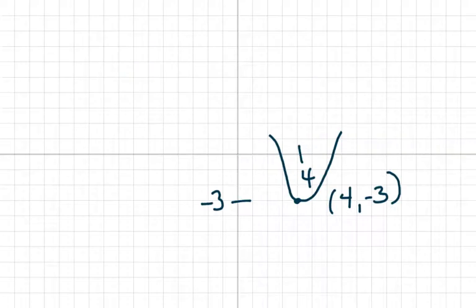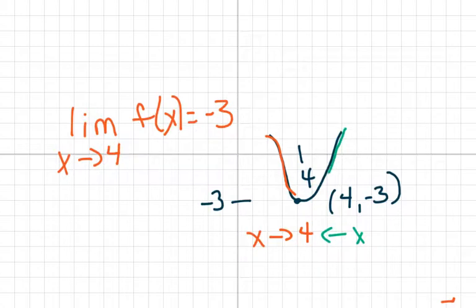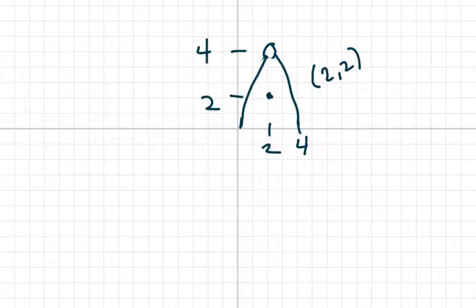The next one is this little thing. We're going to do the same thing. The limit as x approaches 4 of f of x equals -3. And you can see that as x approaches 4 from here, and as x approaches 4 from the right side, we come up with -3. This is always your y value.